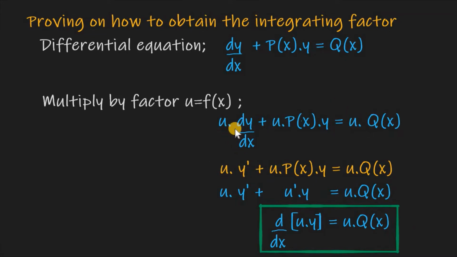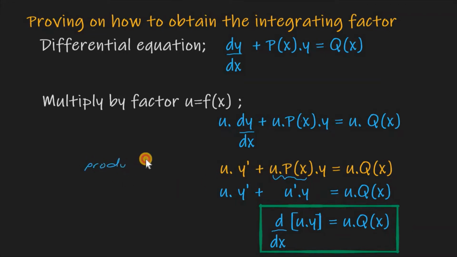And hence you can see that this looks like mu y prime plus mu times p times y. And if you say that this portion is mu prime, or the derivative of mu, d mu on dx, and y, so this looks like a product rule actually.